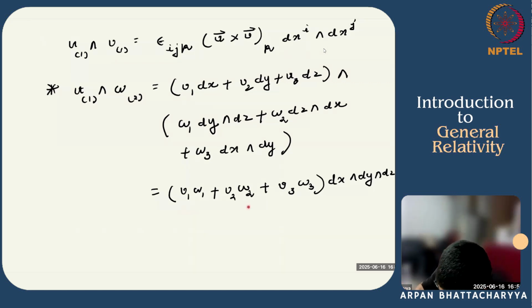Now, if you think of v1, v2, v3 as the components of a 3-vector, and similarly omega 1, omega 2, omega 3 as the components of another 3-vector, this is nothing but the dot product, and we know that dx wedge dy wedge dz is just the elementary volume.